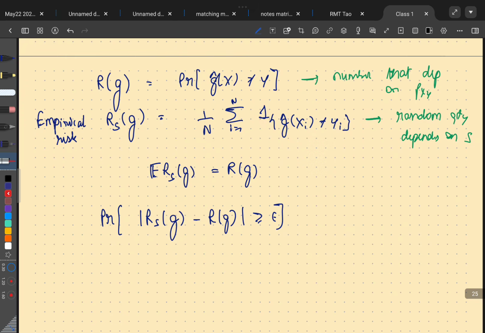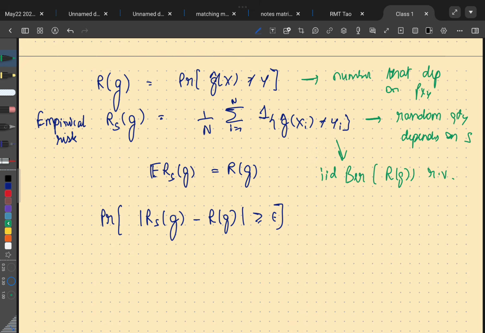It's R of g, right? So each of these is a Bernoulli R of g random variable. So I can now use a Chernoff bound.